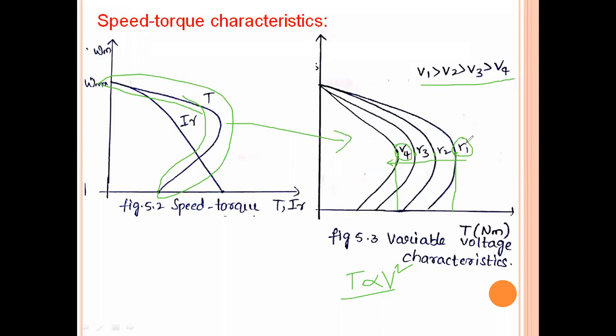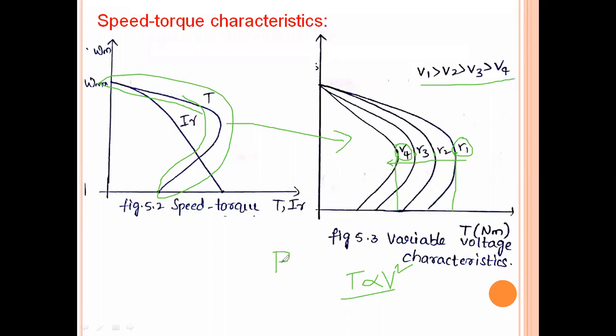So this characteristic is very much suitable for the applications where the torque demand reduces with the speed. Means if we want to reduce the speed, then torque also comes down. But we know torque and speed generally will always have an inverse relationship, which means if we decrease the speed, then the torque will increase.